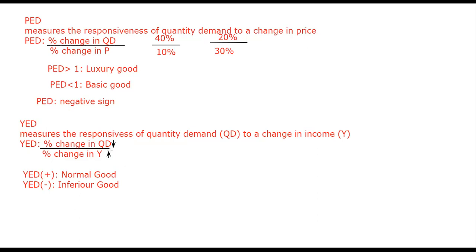When you are earning 150,000, you are no longer buying second-hand products, you are buying first-hand products. So those products are inferior goods.